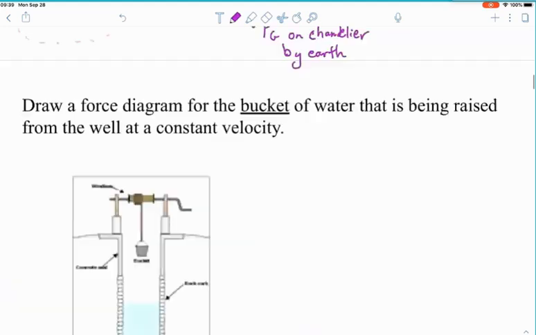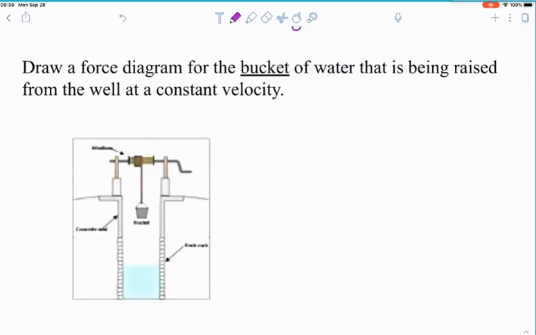All right. Draw a force diagram for the bucket of water that is being raised from the well at a constant velocity. So again, with a constant velocity, we have balanced forces. That means that however much goes up is going to be equal to how much goes down. It is only during acceleration that the arrows will be different lengths. So I'm going to focus on the bucket, and I'll draw a dot for my bucket.